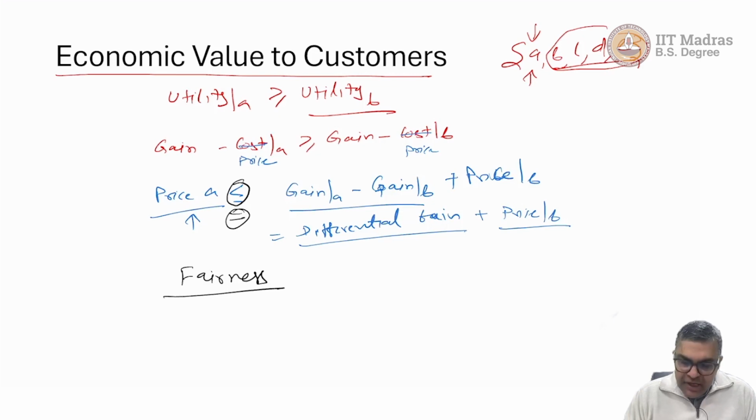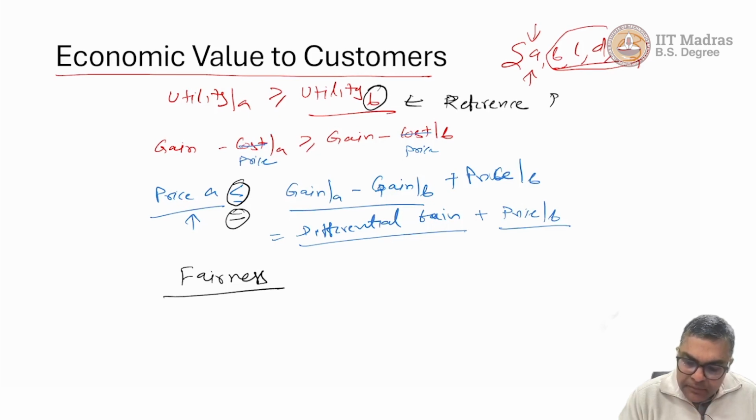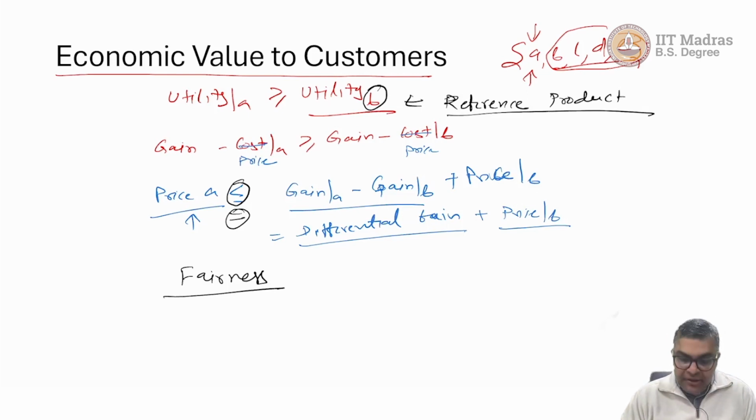I should also say that it is very important to pick the reference product very carefully, because that would decide the upper limit on the price. Similarly, the price of B should also be, in theory we can say this, the price P is PB. But in reality, price can be very different.